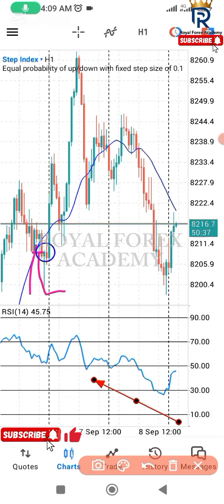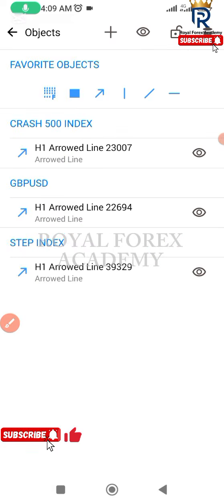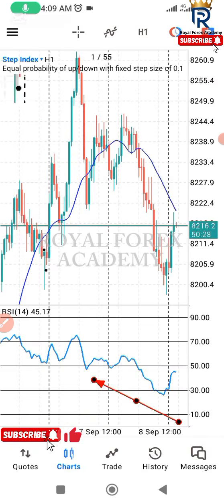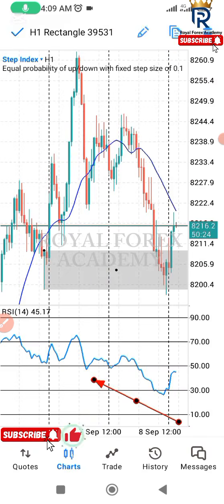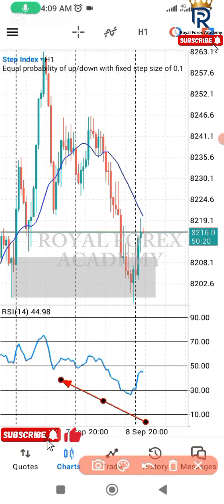So having said that, here we have these zones. This is one of our structural points, which is our order block, and also serving as a support zone. You can see this zone right in here, and you can see how price behaves. So what happened? Price came into this support zone.